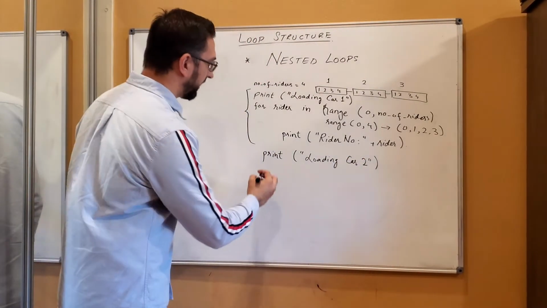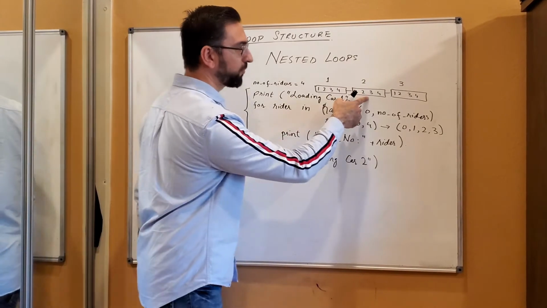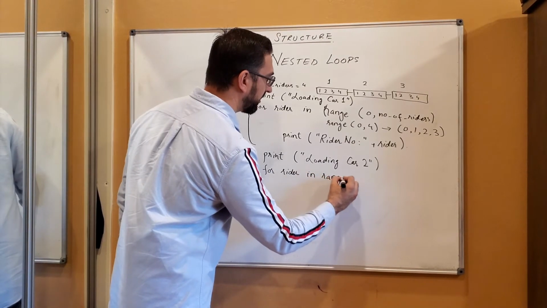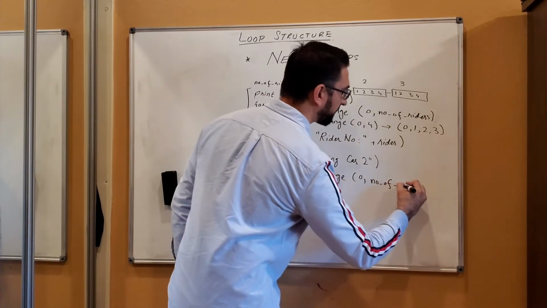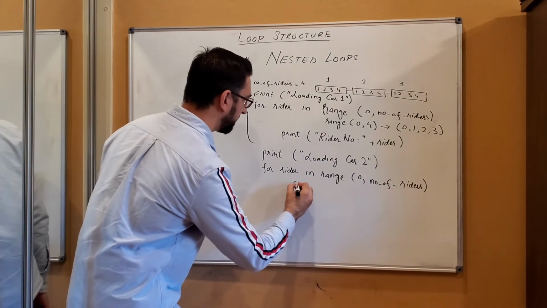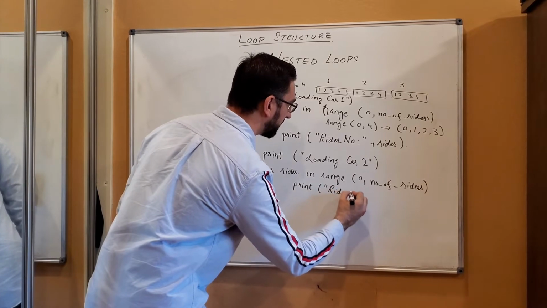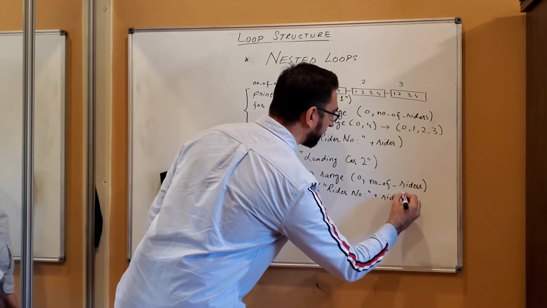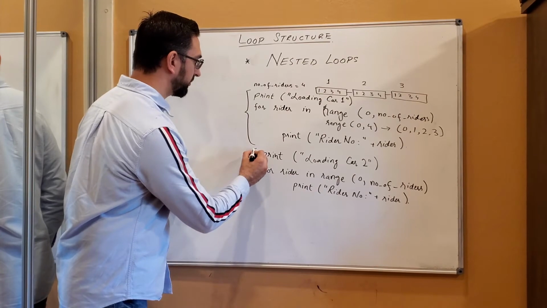Again we have to do the same for loop because we have to fill in 4 riders in car number 2. So we say for rider in range 0 to number of riders, and we print rider number, the same thing, rider. So this is for car number 2.